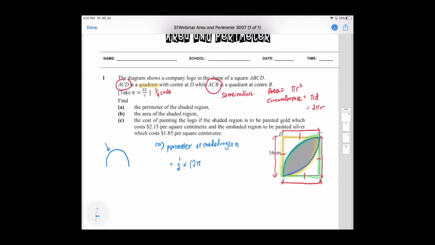So 2 pi 16. I'm going to replace pi with 22 over 7.